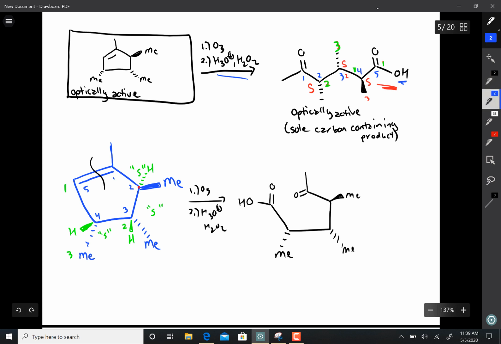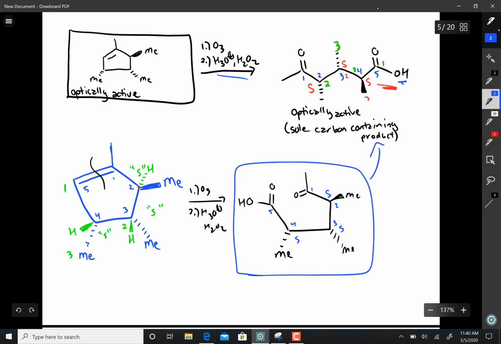And then when we number it, 1, 2, 3, 4, 5, and figure out R and S on this, this one right here is an S chiral center. This one right here is an S chiral center. And this one right here is also an S chiral center. That matches that.